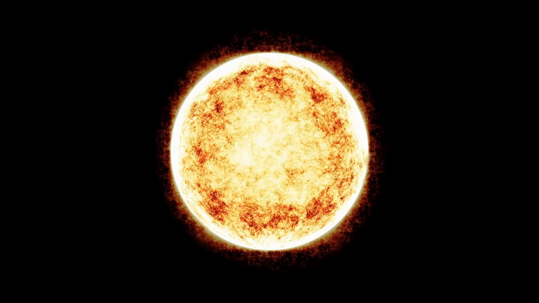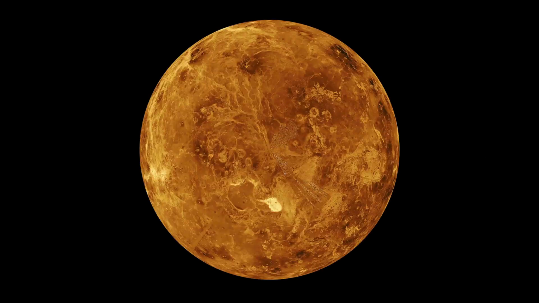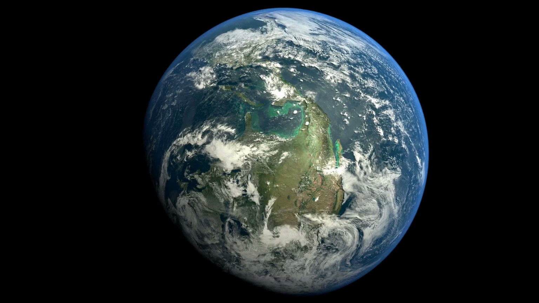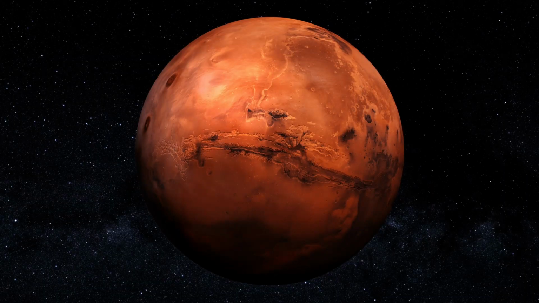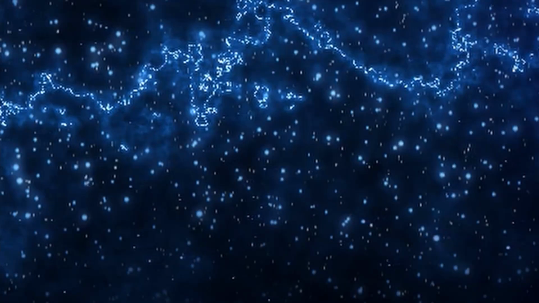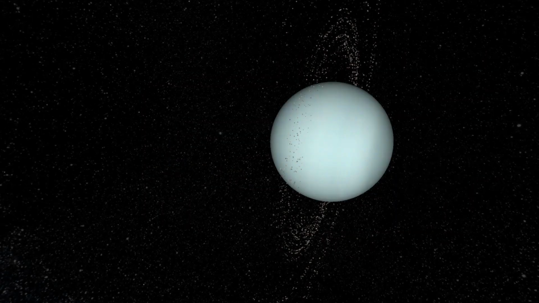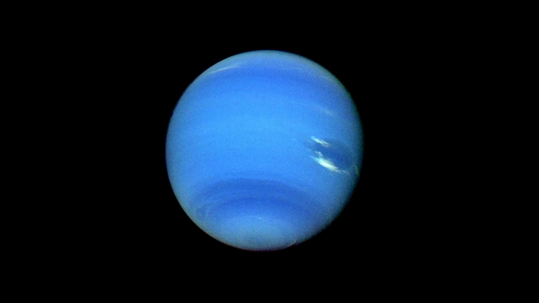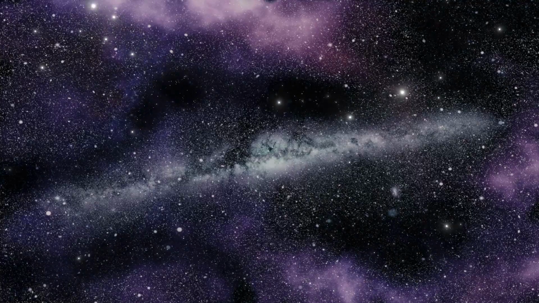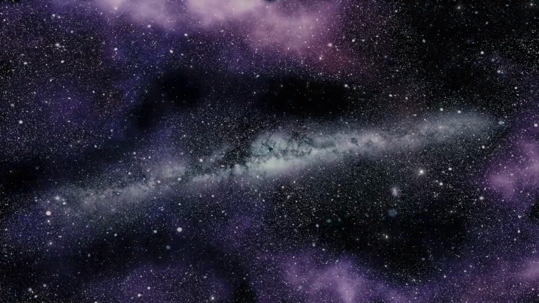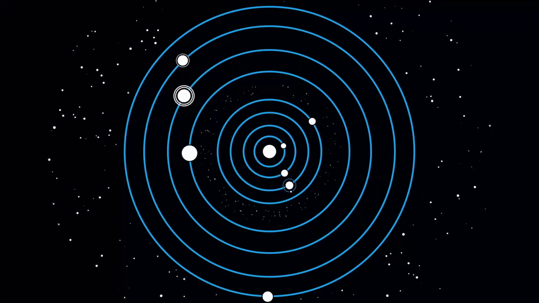The planets closer to the star tend to be rockier, like Mercury, Venus, Earth, Mars, and planets farther away from the star tend to be gas giants like Jupiter, Saturn, Uranus, Neptune. The temperature also drops as we move farther away from the orbiting star.